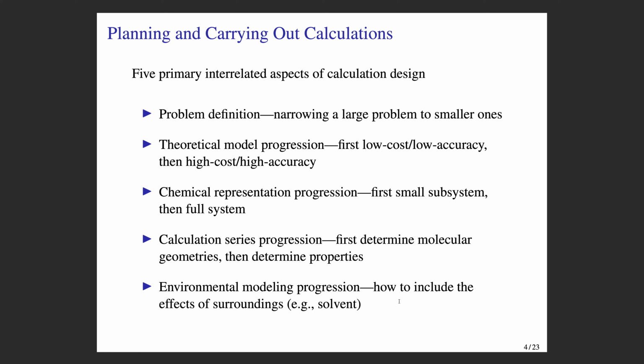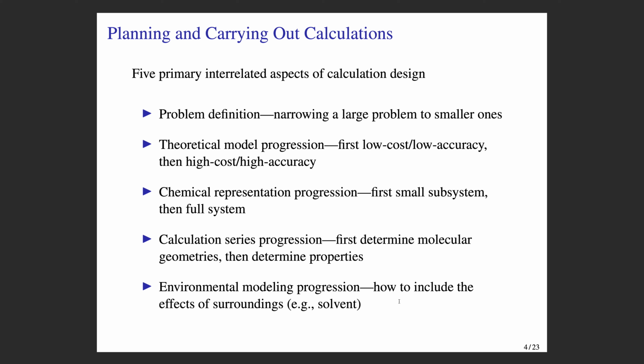And so one way of doing that is to use a model progression. So let's take your big problem. Let's say you're interested in some enzyme or something like that, and it has an active site that you know is important. Well, you might start with the active site first, and then you might start modeling that using different approaches.